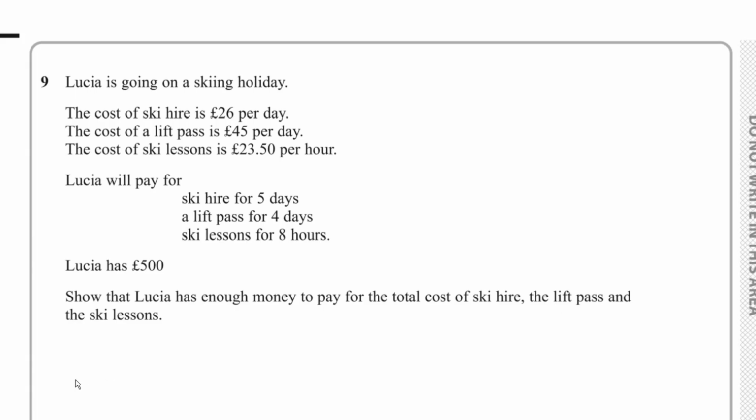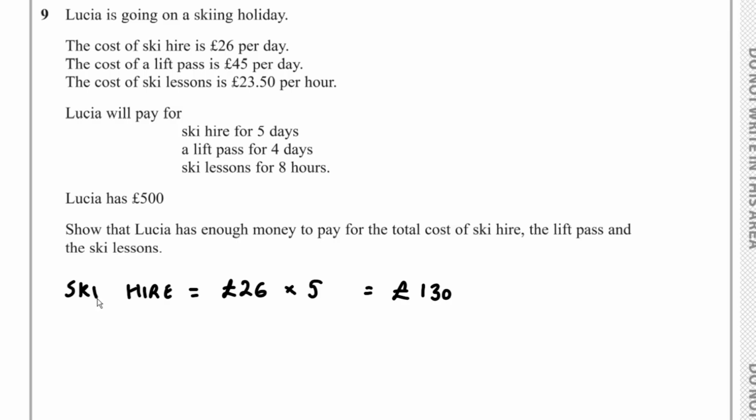So, for the ski hire, that's £26 per day, multiplied by 5 days. So this is equal to £130. For the lift pass, that's £45 per day, and she's using it for 4 days, so this is equal to £180.